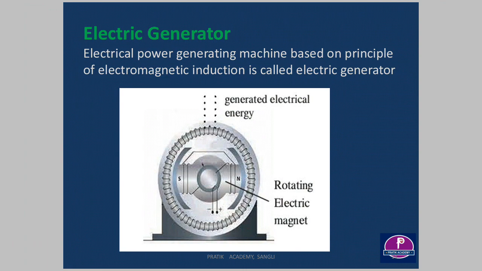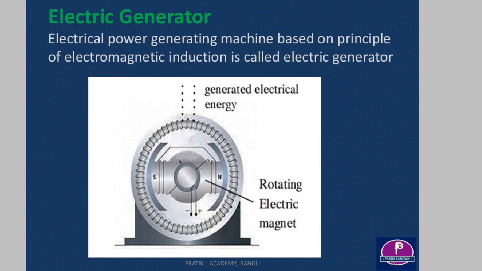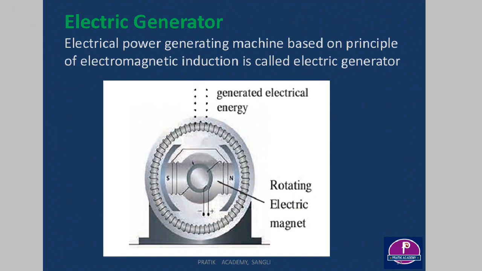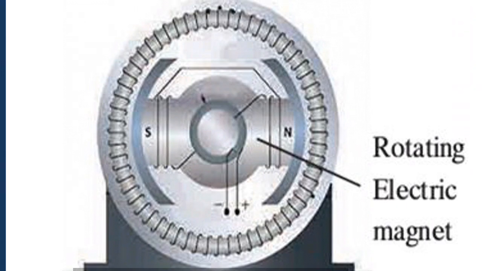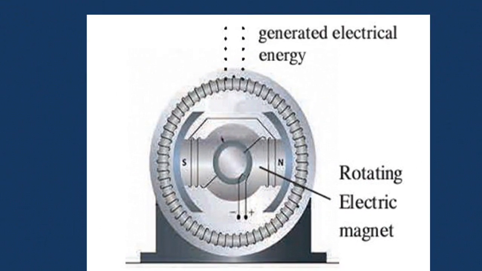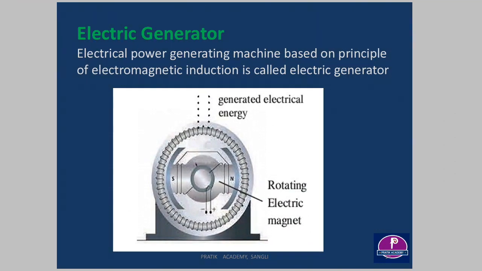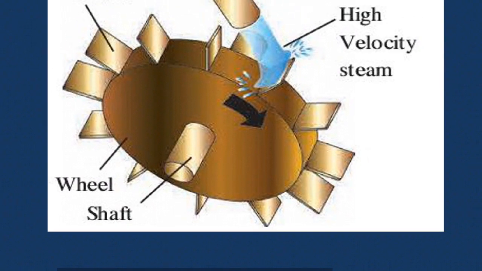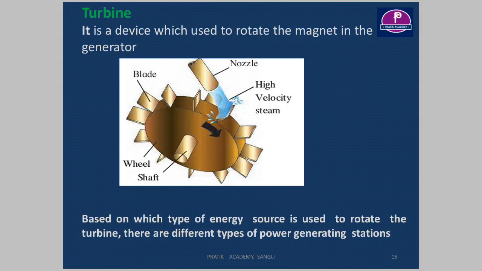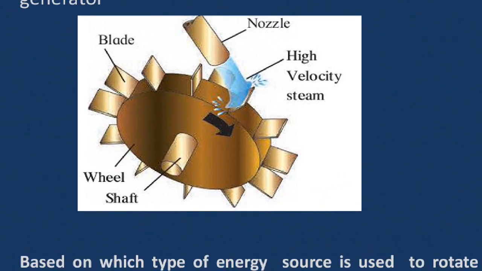In the electric generator, if you see at the center, there is a rotating electric magnet, and to rotate this electric magnet we are using a turbine. Initially this turbine is stationary. We require some input energy so that the turbine starts rotating.